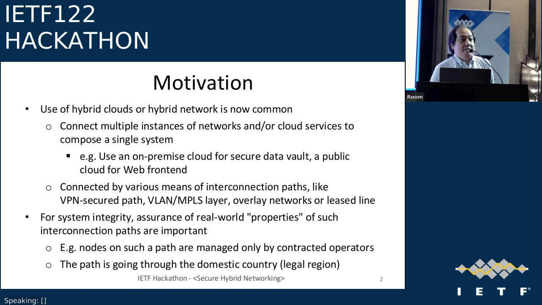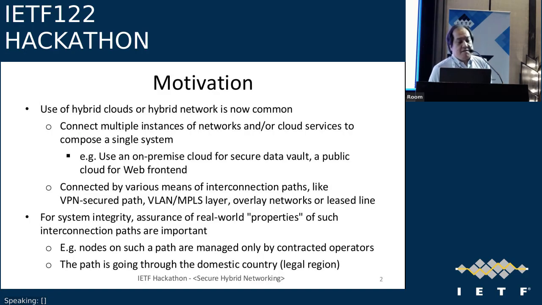For example, we can use an on-premise system as a secure data vault while concurrently using a public cloud as a web front end. In such a setting, communication is provided by various means of interconnection paths like VPN, VLAN, overlay networks, or even leased lines.